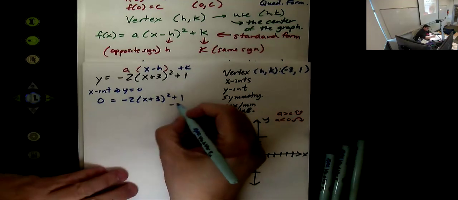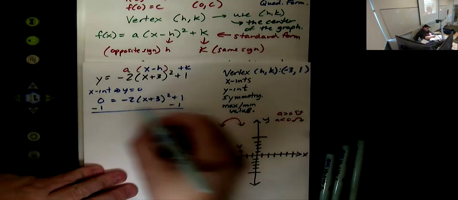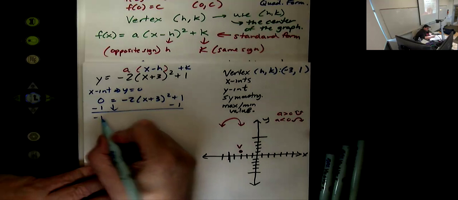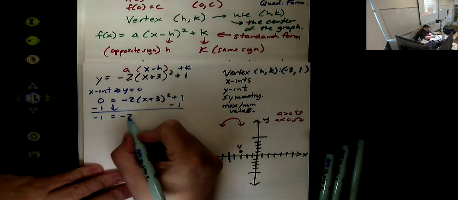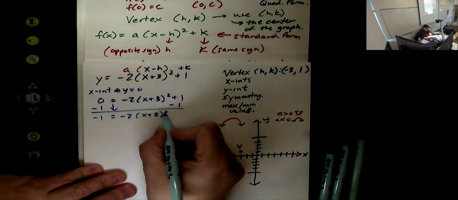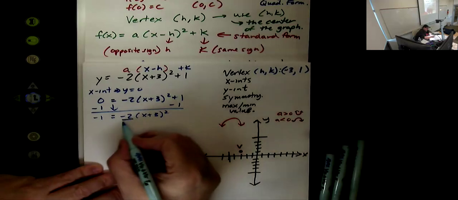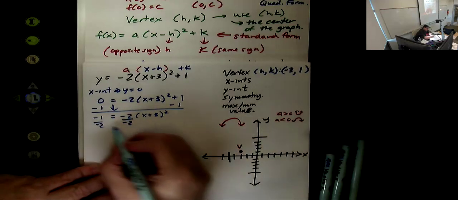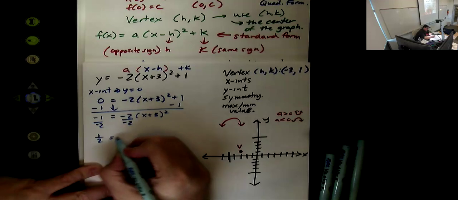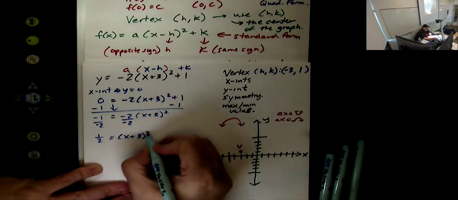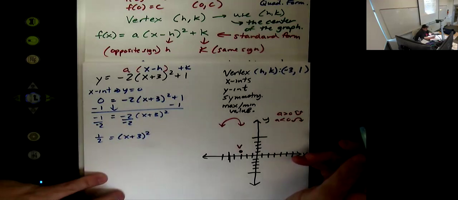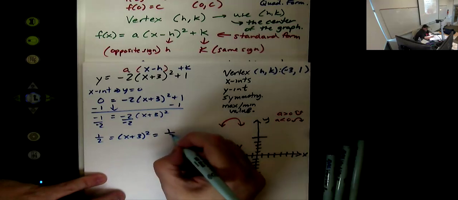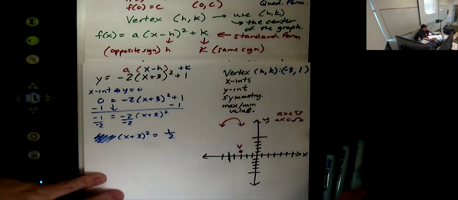I'll subtract 1 from both sides. This is stuff we did in chapter 10. Divide by -2. So I get 1/2 equals (x plus 3) squared. And I'm going to put the 1/2 over here because I like having the x's on the left. I hope you're all okay with that.